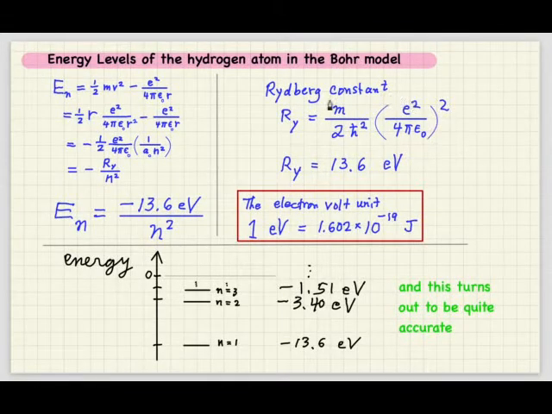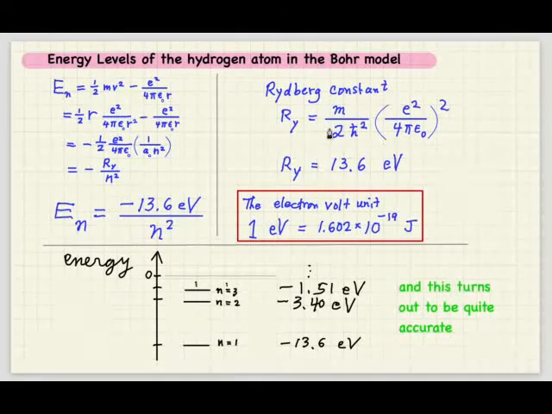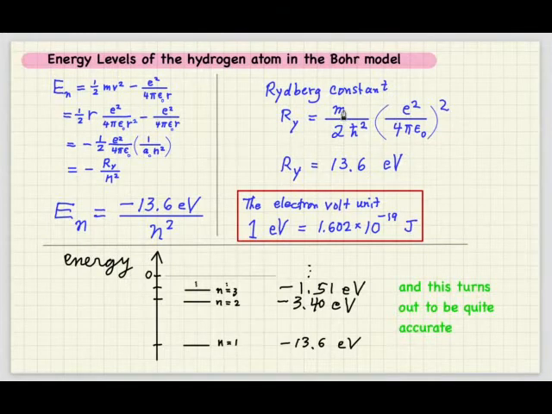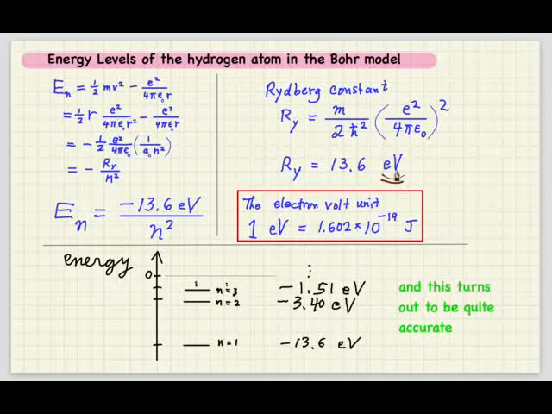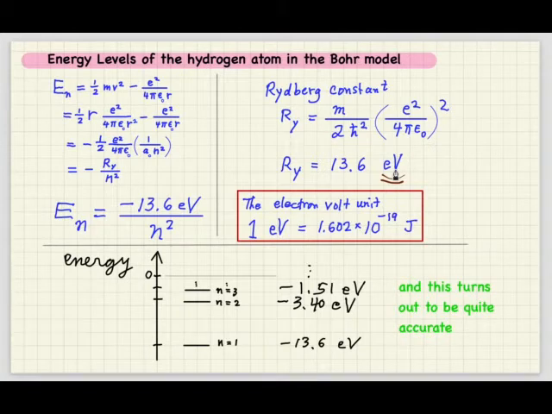So here we've written that Rydberg constant entirely in terms of electron parameters, the mass and charge of the electron. And if you plug in the values of the electron mass, electron charge, these fundamental constants, you find 13.6 electron volts. So in atomic physics, it's normal to measure energies in this electron volt unit. An electron volt is very small compared to a joule, which would be the standard unit of energy.